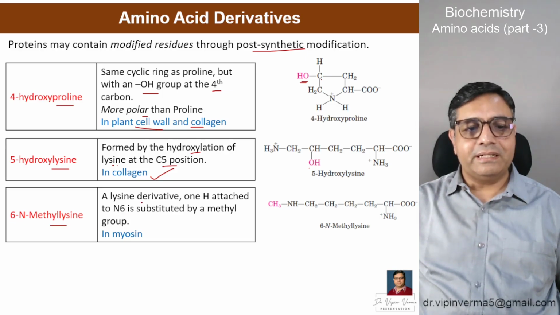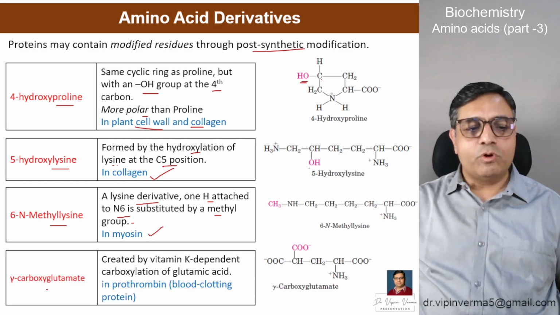Again, it is a lysine derivative, and here one hydrogen attached to the N6 position is substituted by a methyl group, and you will find it in myosin. All right. Then we have gamma-carboxyglutamate. It is created by vitamin K dependent carboxylation of glutamic acid.